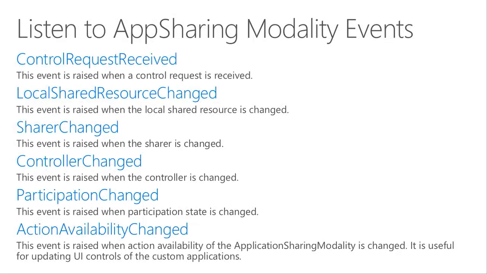That means, for example, currently you are sharing your desktop, and then you switch to some other process. During the change of the shared resource, you will get the local shared resource changed event. Once you change the share, you will have the sharer changed events. If the controller is changed, for example, somebody else requested the control and you grant the control to him, you will get the controller changed events.